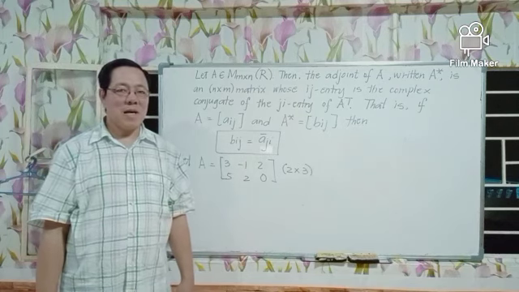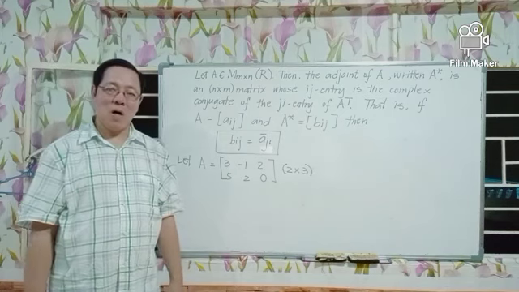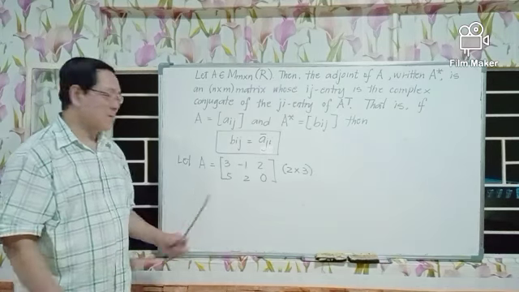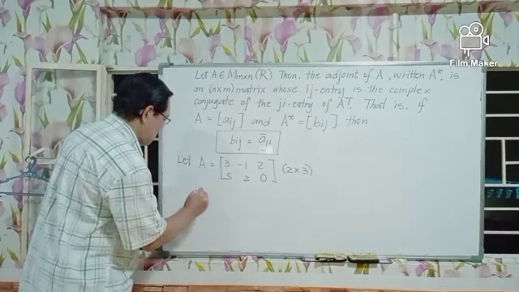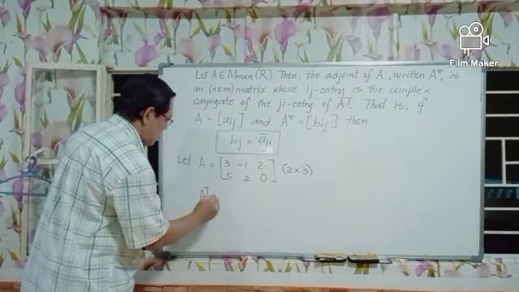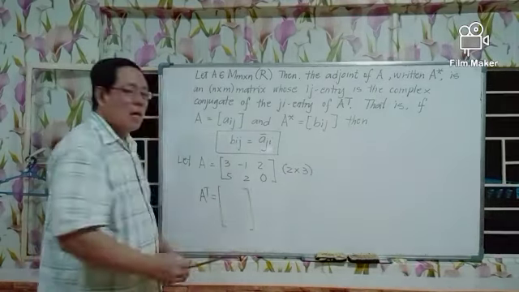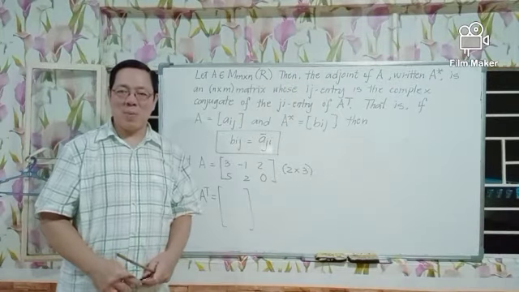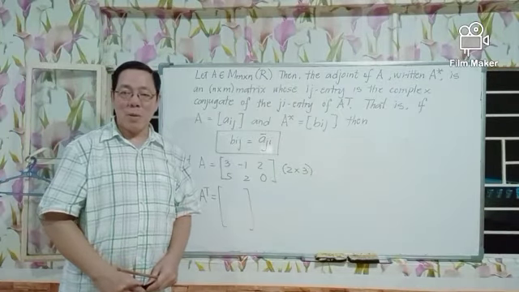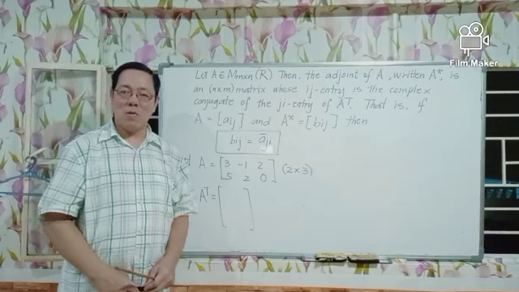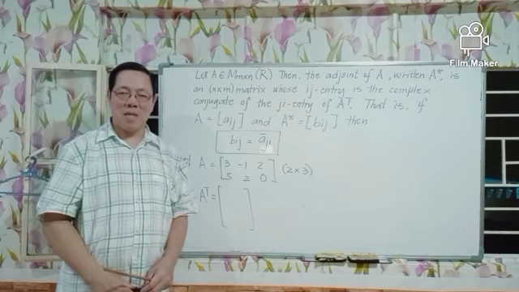And the first step is to get the transpose of the given matrix A. As we said earlier, to get the transpose of a matrix, you write the rows of the given matrix as columns of the transpose of the matrix.